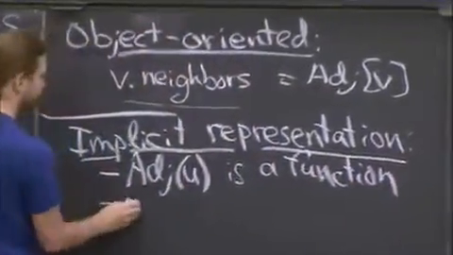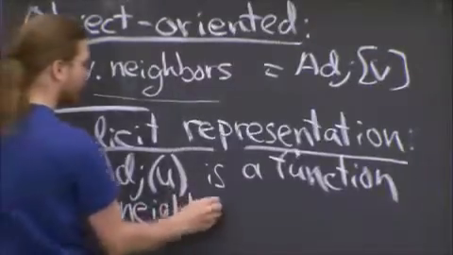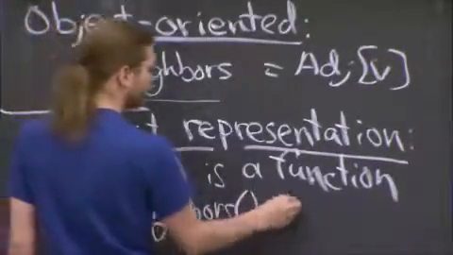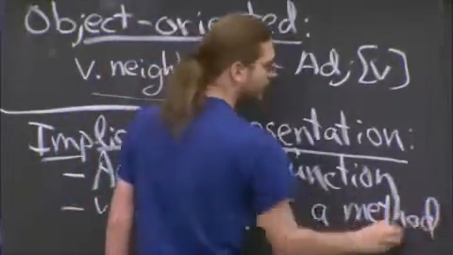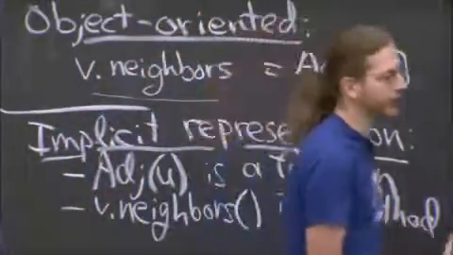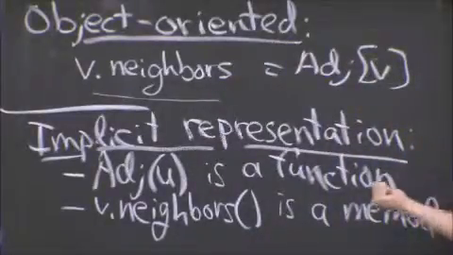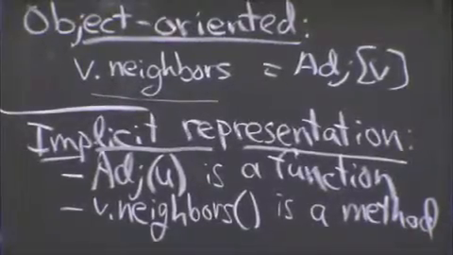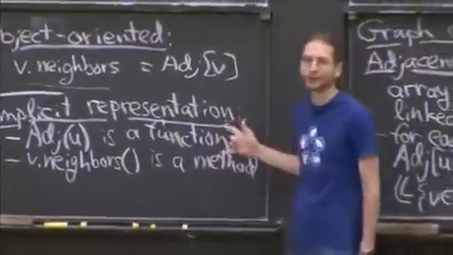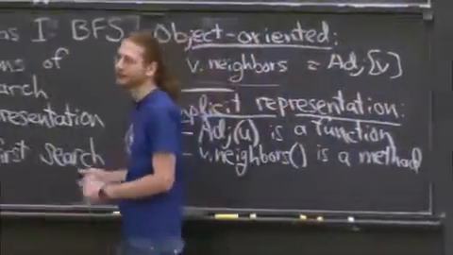Or v.neighbors is a method of the vertex class. Okay, meaning it's not just stored there explicitly. Whenever you need it, you call this function and it computes what you want. This is useful because it uses less space. You could say this uses 0 space, or maybe v space, one for each vertex.